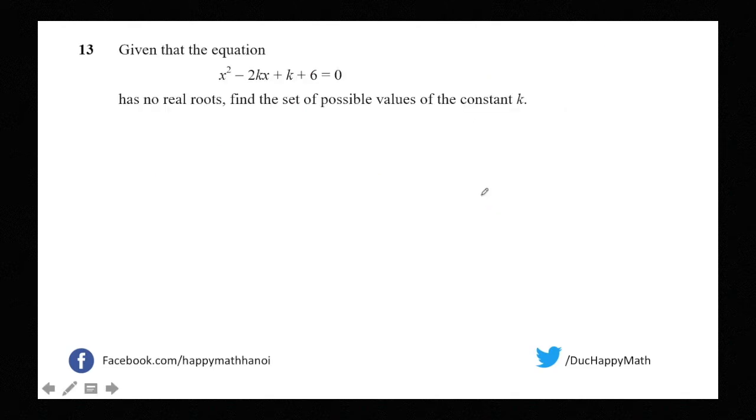Question 13. Given that the equation has no real roots, find the set of possible values of constant k. This is a quadratic equation, so for the quadratic equation to have no real roots, the condition is that the delta has to be negative. So we calculate the delta first. b squared minus 4ac means minus 2k squared minus 4ac, less than 0.